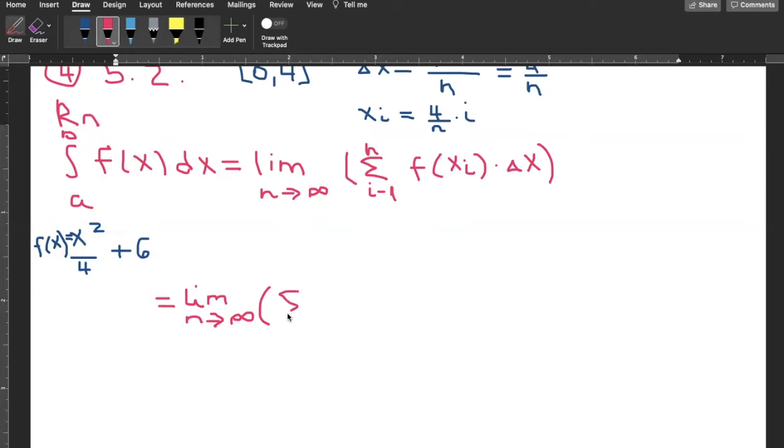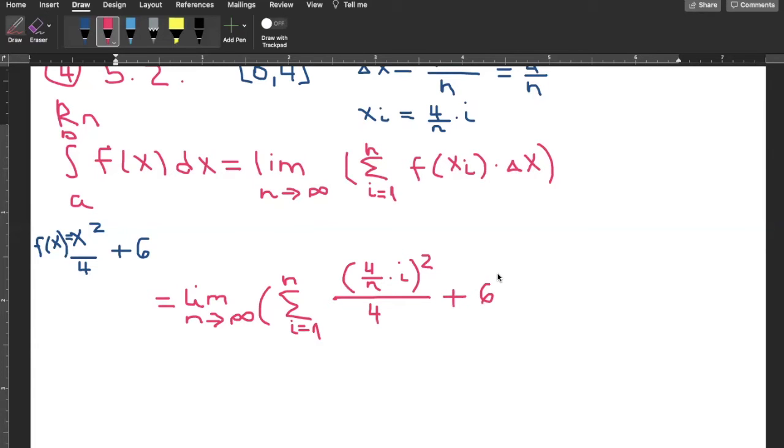So we still have the sum from 1 to n, and then we plug in 4 over n times i for x, divided by 4 plus 6.